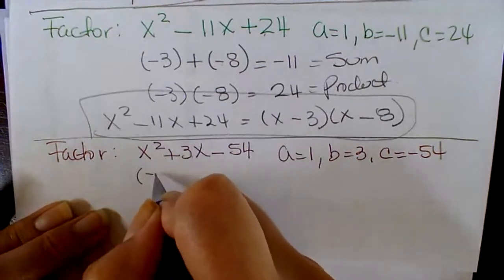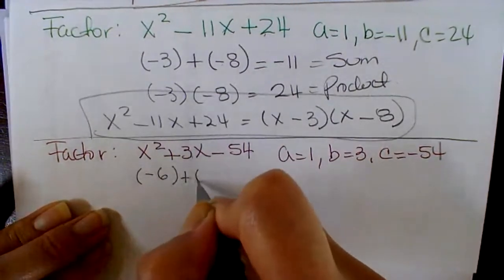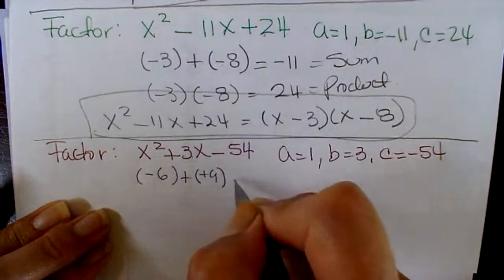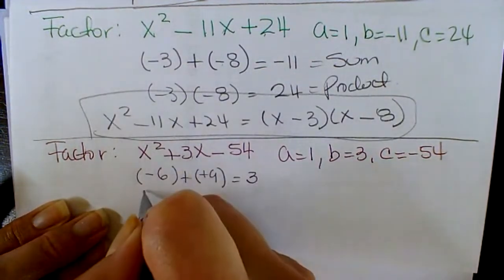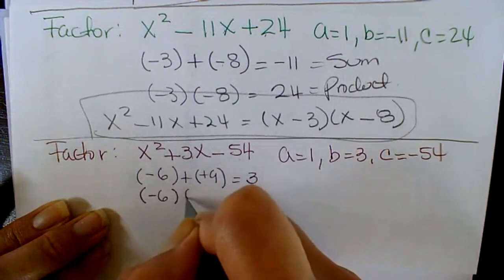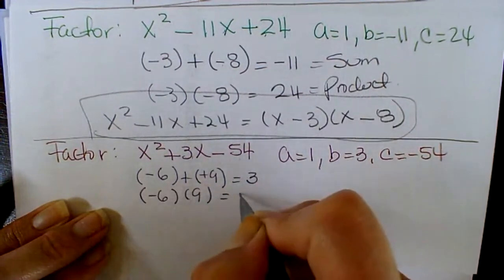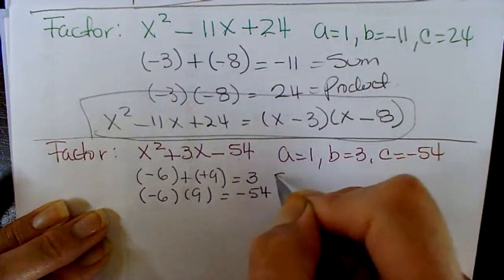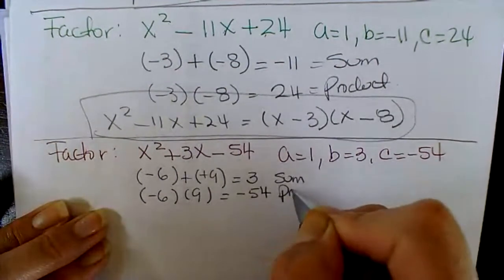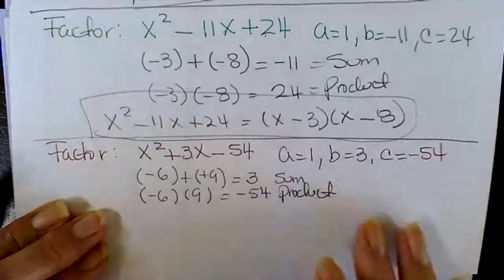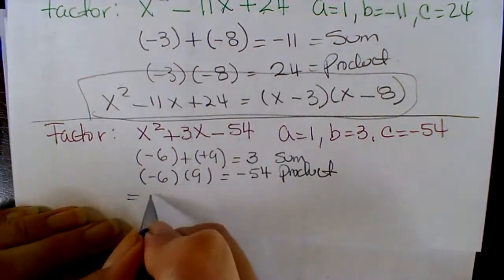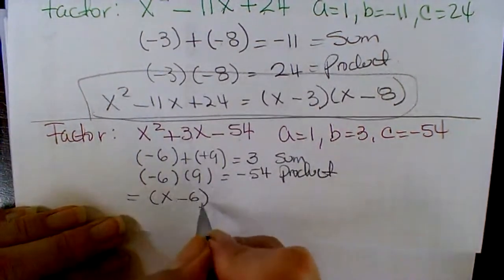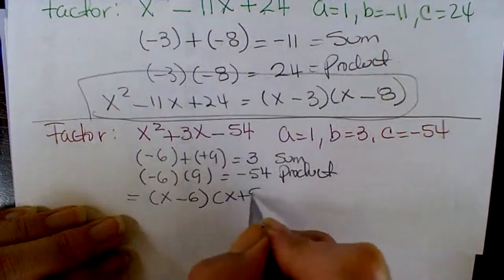So they're going to be negative 6 plus positive 9. That will give me positive 3. And if I multiply these two numbers, what do I get? Negative 54. So here's the sum and here's the product. So if I do that, it's going to be x minus 6 and x plus 9.